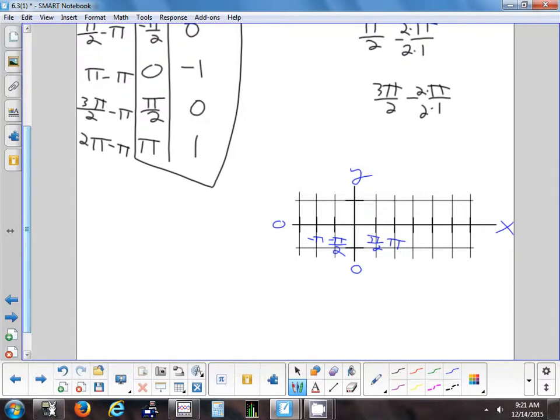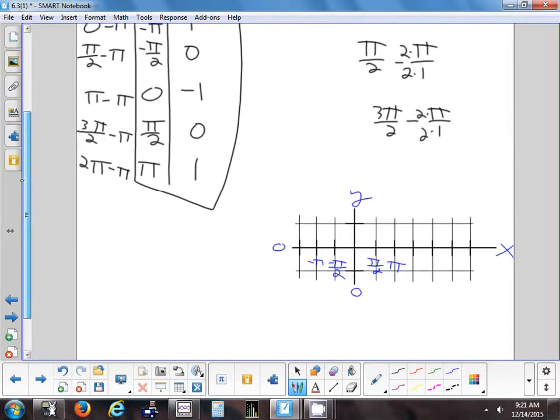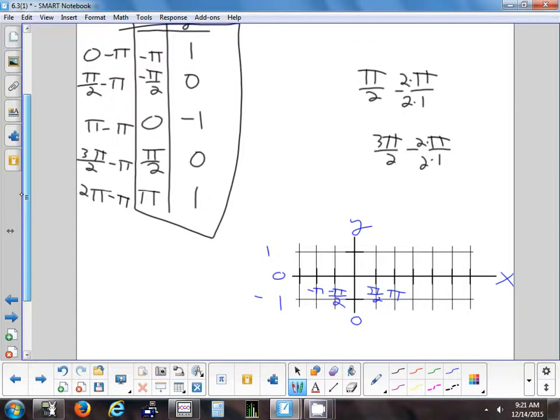What's my highest and lowest y values? Yep, negative 1's the lowest and 1 the highest. What's my highest and lowest y values? 1 and negative 1. So just label those. And now make your graph.